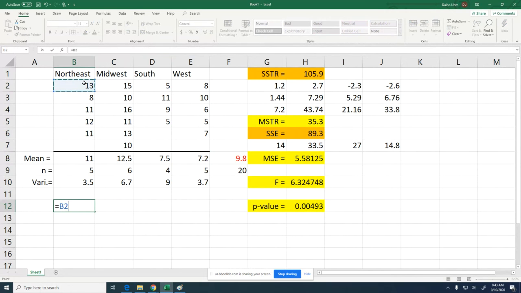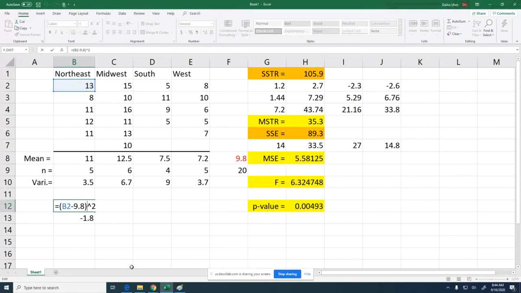So let me take the difference. Let me take the x11, 13, minus 9.8. Let me take x12, that is 8, right? Minus 9.8. Can you understand what I'm doing? Right? I don't have a space, so let me take the squares together. So let me go up to the difference, 13 minus 9.8, open the parentheses and close it, and take the square.